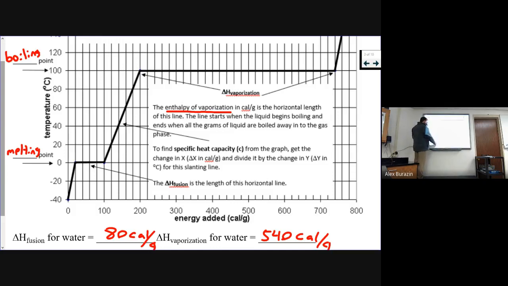The change in X: that sloped area starts at 100 calories per gram and ends at 200 calories per gram. Do you agree? And the change in Y starts at 0 and goes up to 100. So my change in X over my change in Y is 100 divided by 100.